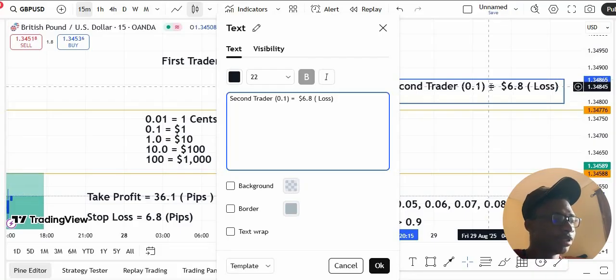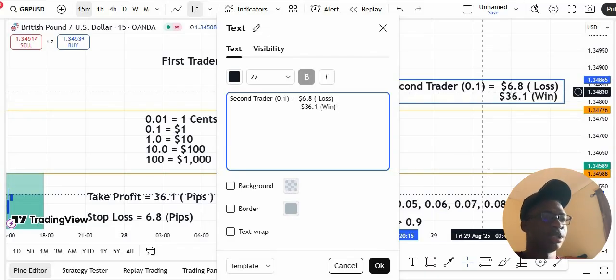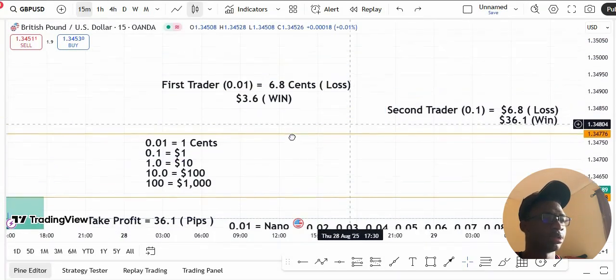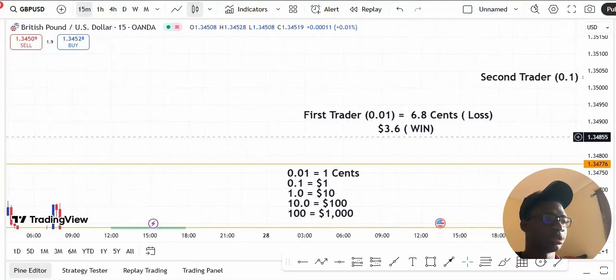But if the market goes into profit, it's going to be making $36.1 if it goes into a win. Hope you get that point. That's for the second trader.